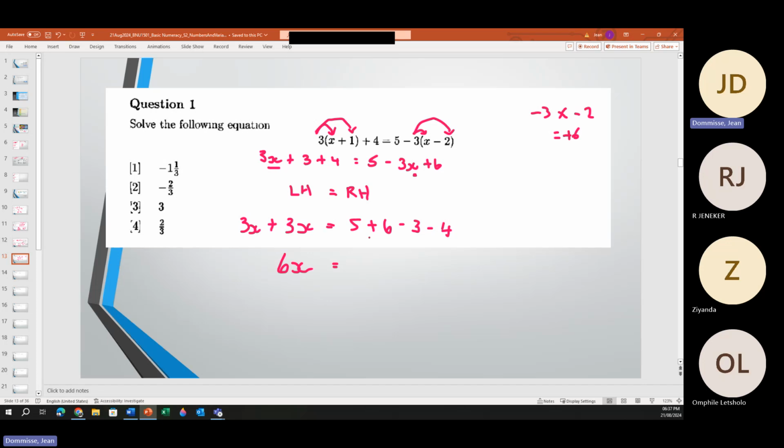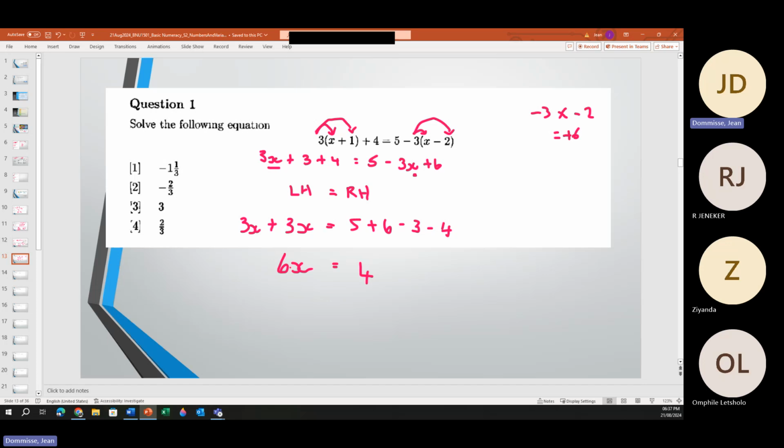You don't need to work this out in your head, because again, sometimes one can make an easy mistake. So 5 plus 6 is 11. 11 minus 3 is 8. 8 minus 4 is 4. Okay, so we sit with 6x is equal to 4.